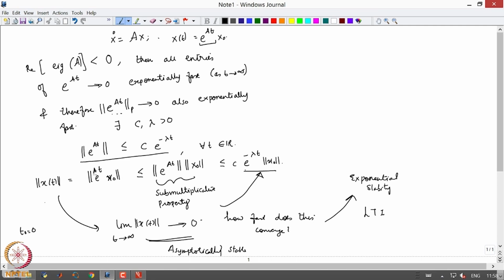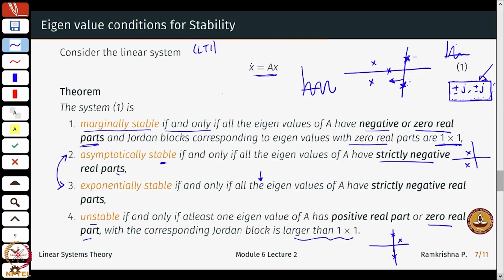What we showed here is that asymptotic stability means that all eigenvalues of A have strictly negative real parts, and whenever A has eigenvalues with strictly negative real parts, the system is naturally exponentially stable.